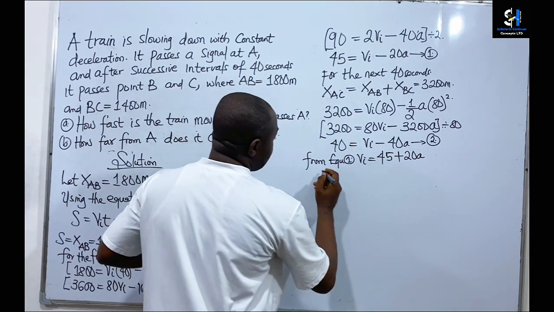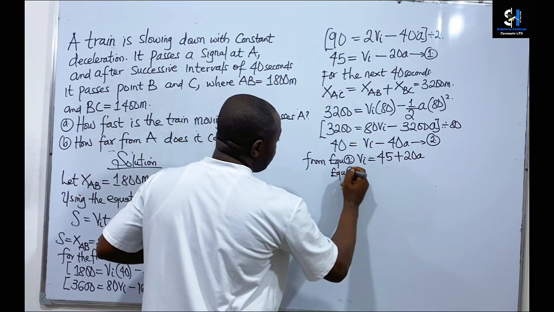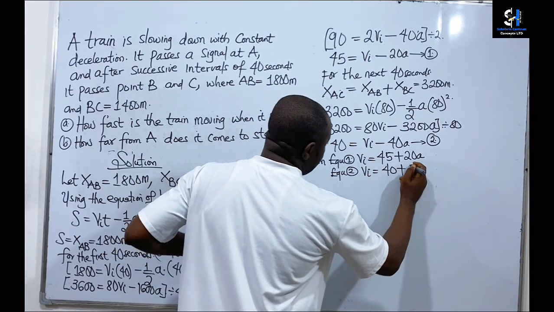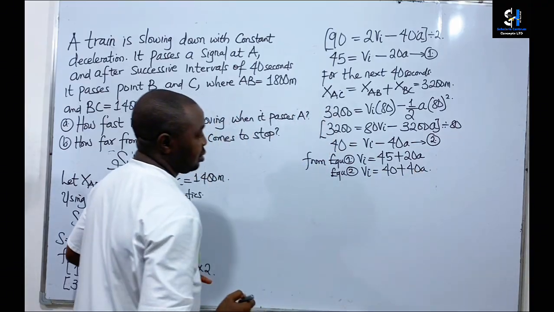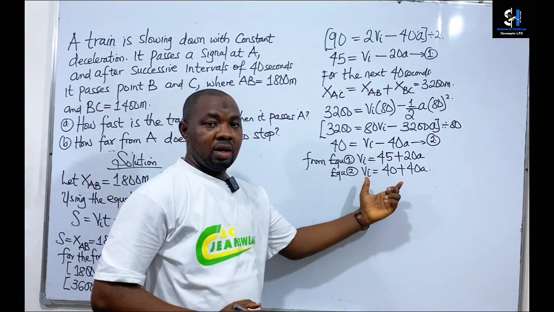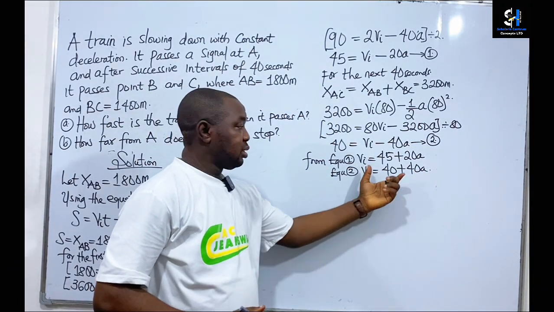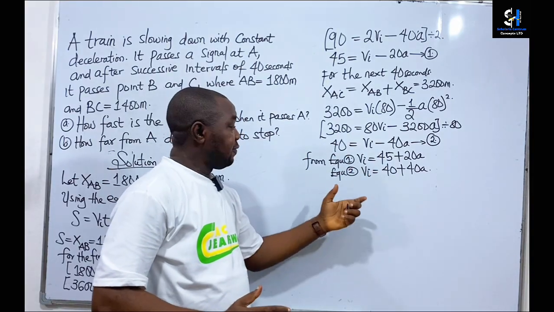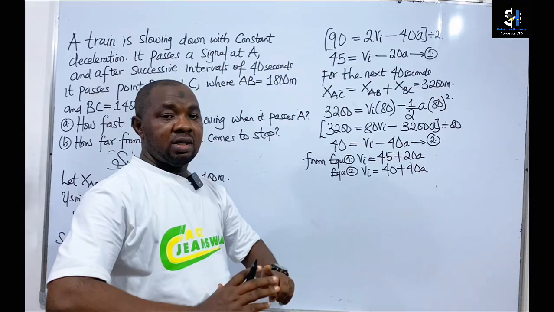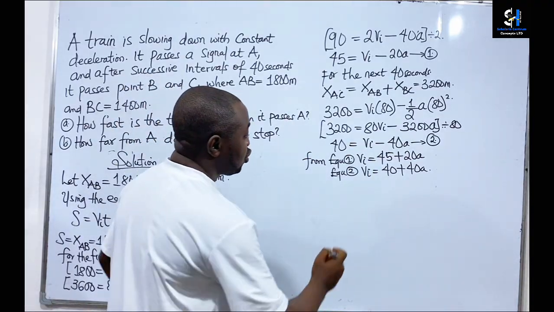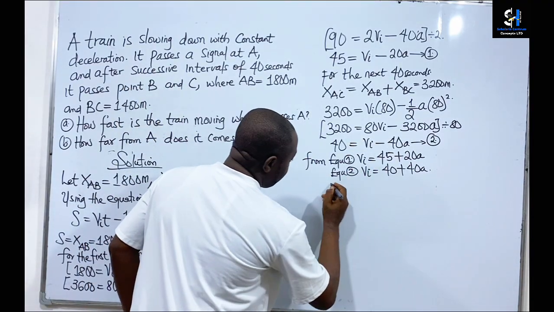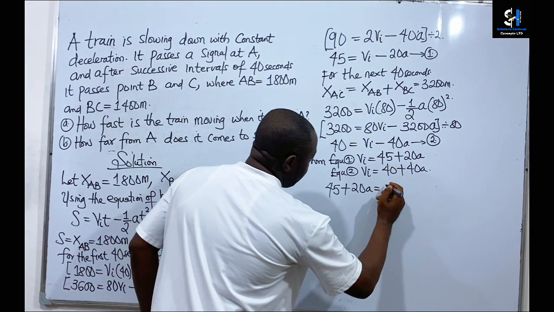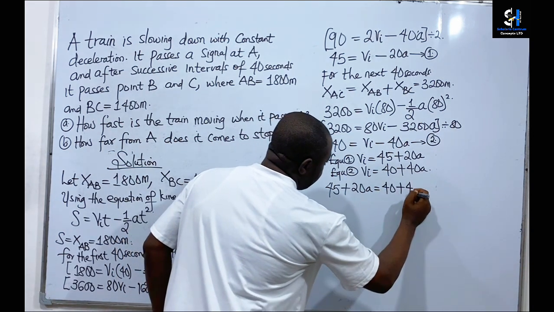Then from equation 2, the initial velocity will be 40 plus 40A. This is where we can equate the two equations, because remember, the initial velocity remains constant in this case. So we have 45 plus 20A equals 40 plus 40A.